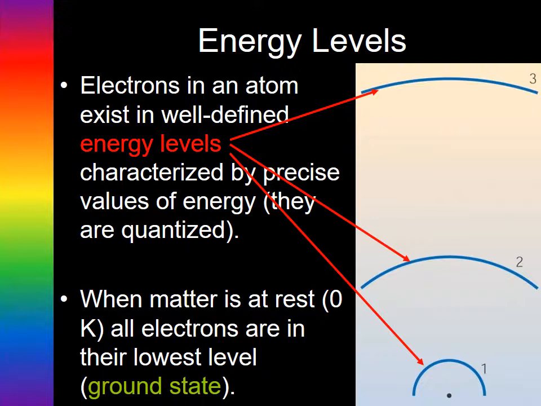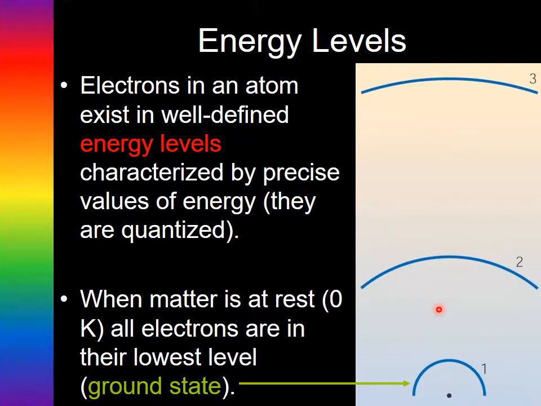An electron can have a specific amount of energy, but nothing in between. So your electron could have this much energy, or this much energy, or this much energy, but nothing in between. You can't stand between the rungs of a ladder. There is no place for the electron here. The lowest amount of energy that an electron can have is called its ground state energy, and electrons like to be at their ground state.